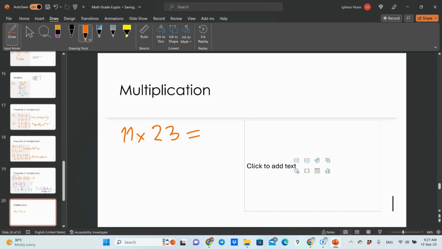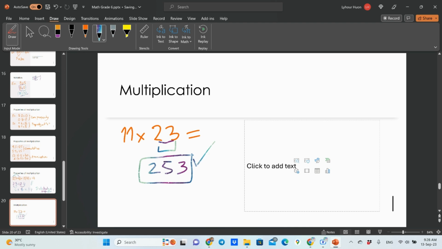My trick is this: this is 23, so we just put 2 and 3 at the sides, and the middle is these numbers added together. 2 plus 3 is 5, so the result is 253. If you don't believe it, you can check.